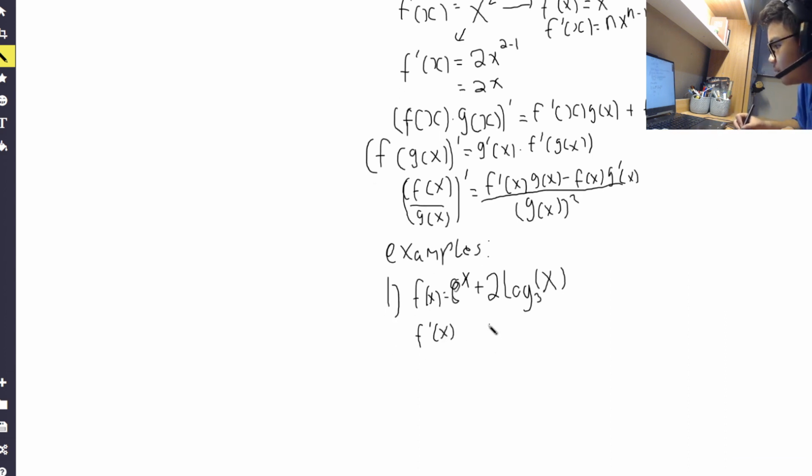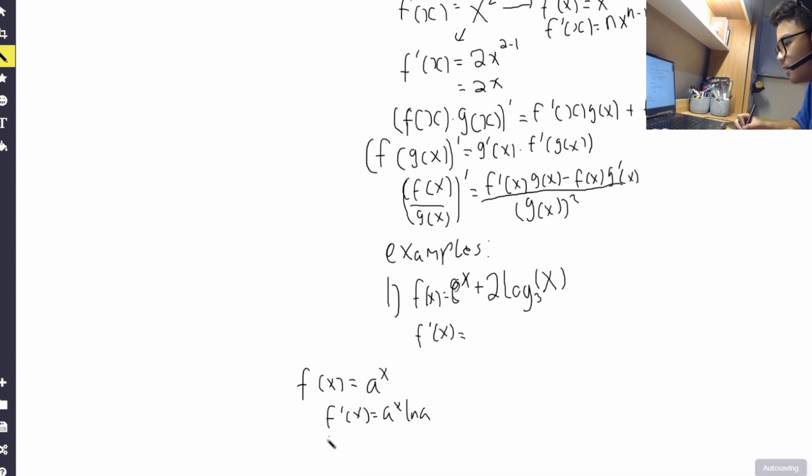We know that the derivative of e to the x is just e to the x. Or if one wants to show the way, e is a constant, so if f of x is equal to a to the x, remember f prime of x is equal to a to the x ln a.